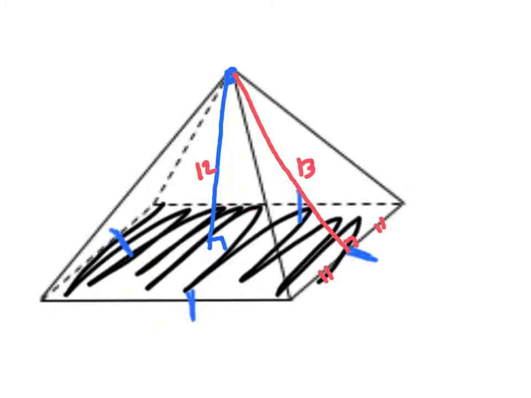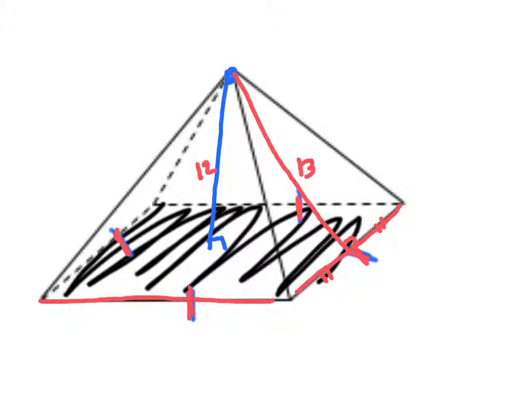So what we're looking for is the lateral area, so I need to find the area of the triangles. Since this is a square and all 4 sides are going to be the same on the bottom, all the triangles are going to have the same base and the same height, so the triangles will all be congruent. I need to find a side length of the base.